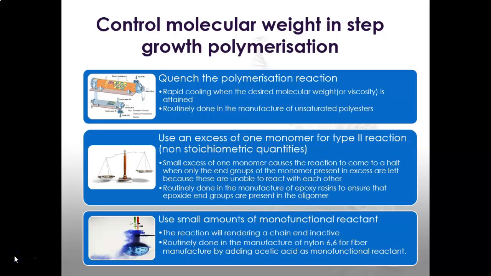For example, the type 2 reaction is a bifunctional reaction which requires two types of monomer. Each monomer has one type of functional group, for example AA plus BB.